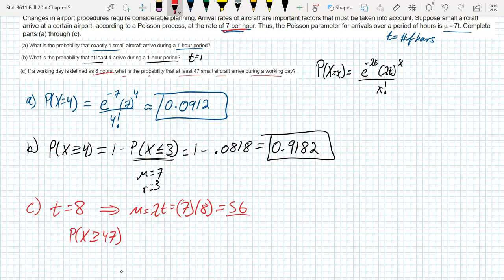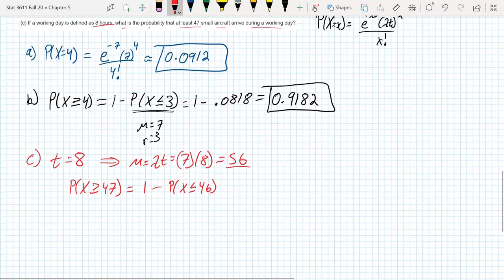So if we want the probability that x is greater than or equal to 47, again, we can consider the complement event here, 1 minus the probability that x is less than or equal to 46. But you might guess that we're going to have a problem here with a mu value as high as 56. Does our table go that far?